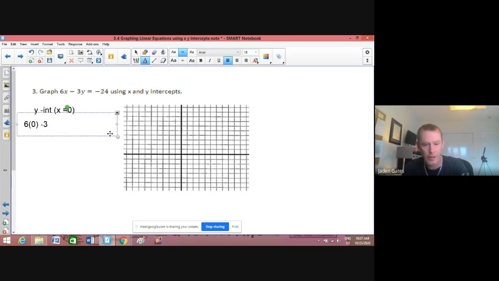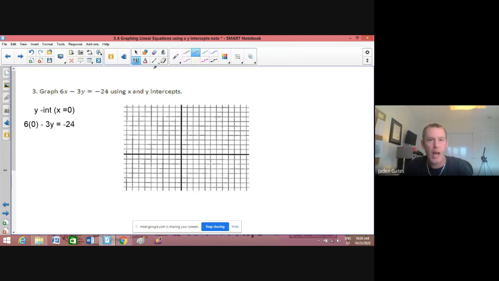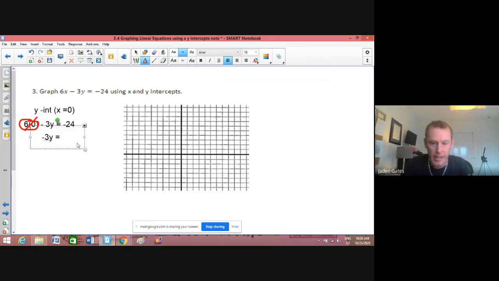Minus 3y equals negative 24. All right, and again, what is happening is 6 times 0 is 0, so this thing is basically disappearing. And so the equation is just, I'm going to rewrite it here, negative 3y equals negative 24.